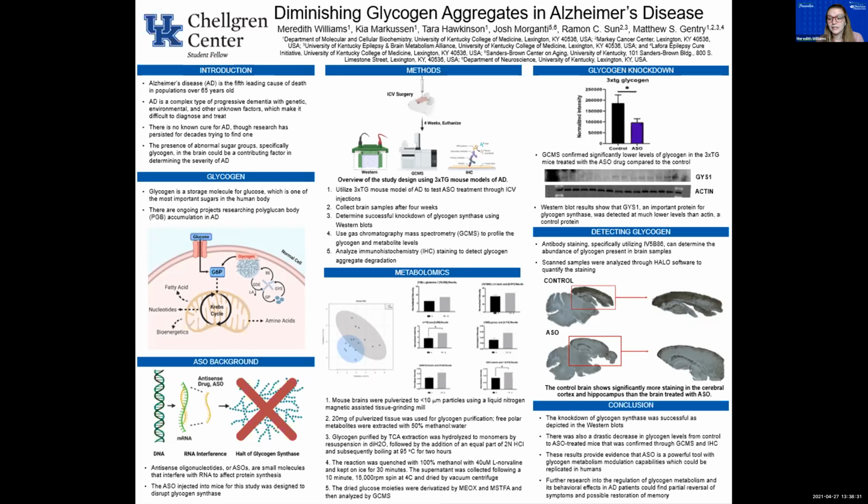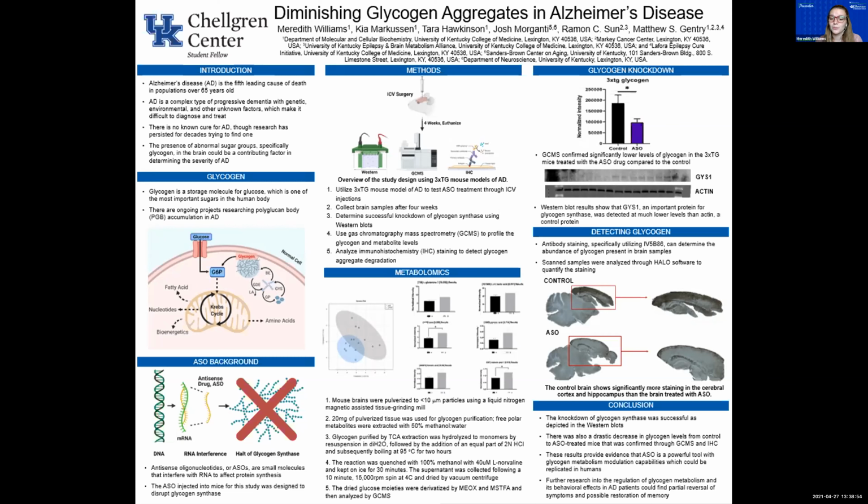We didn't do behavioral tests for these, so we're not entirely sure what that knockdown would mean if we were to do it in humans yet. And further research is definitely needed before we were to ever move this on to a human trial stage, just to determine the effects of this symptomatically.